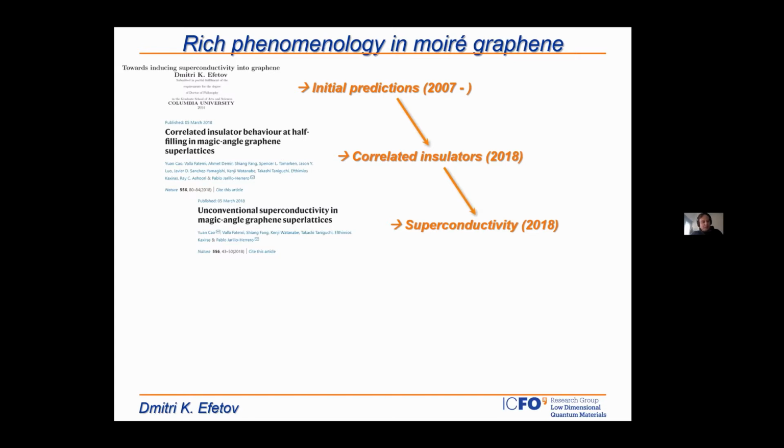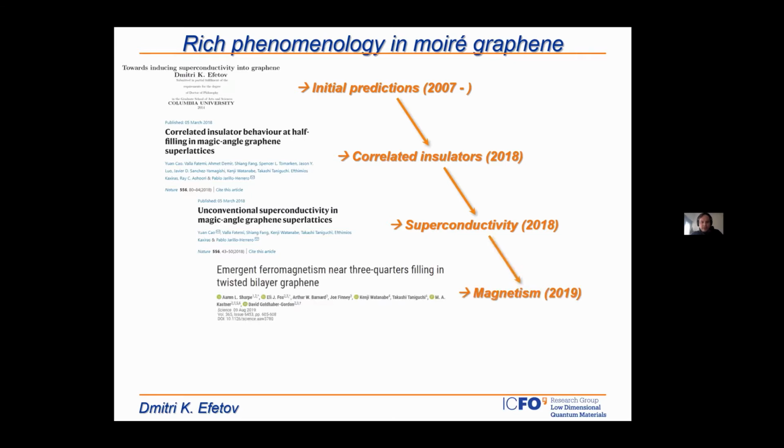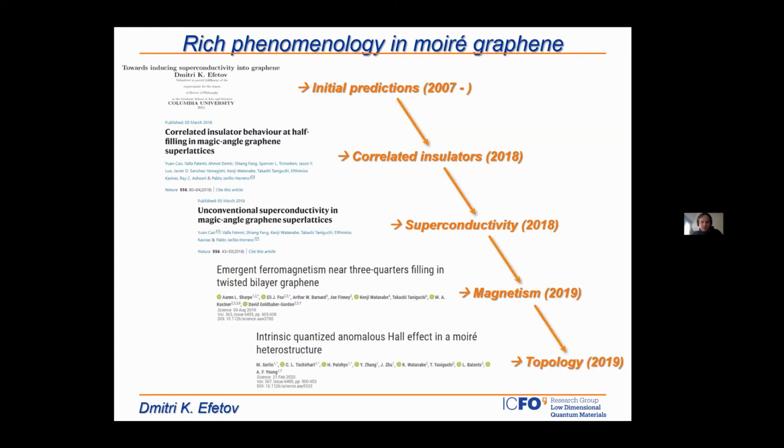And as if this were not enough, in the following year many groups started observing magnetism, in particular David Goldhaber-Gordon, and also the group in Santa Barbara. They have shown that these magnetic states can also give rise to topological edge states, and they observed the anomalous quantum Hall effect.